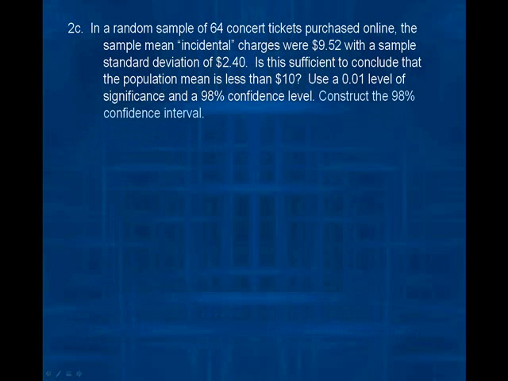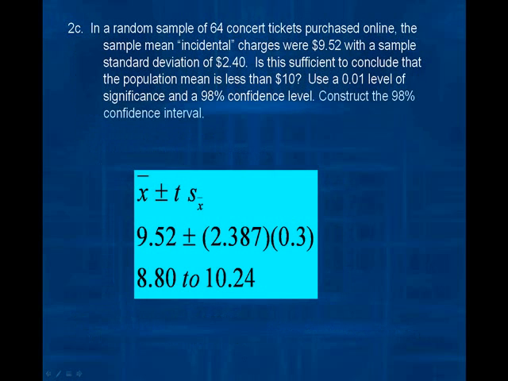So now we're going to construct the 98% confidence interval: the statistic, plus or minus the confidence coefficient, which is t in this case since we have a sample standard deviation, times the standard error. So we get 9.52 plus or minus 2.387 times 0.3. Now that 2.387 is a confidence coefficient, and confidence coefficients always come out of the table.